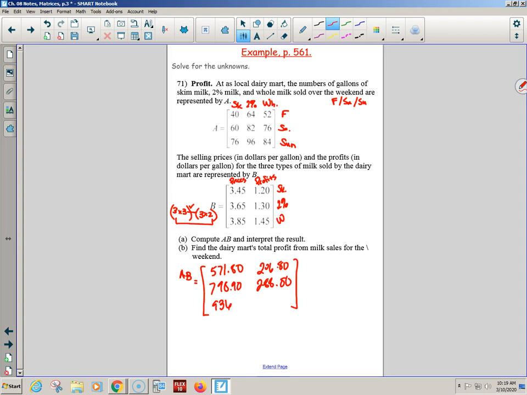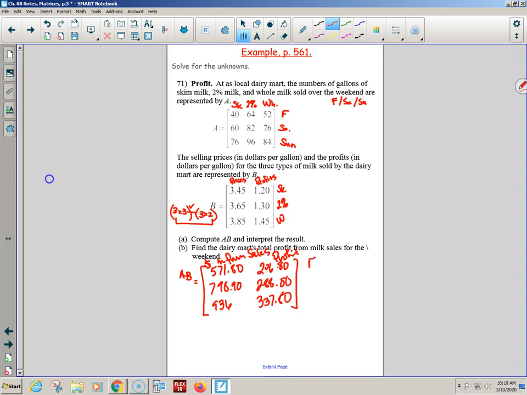So my question is which? How do we label? Because this is going to be the money that came in from the sales, and that's how much of that was profit. If I would add them all, I would get the total sales, and I would add all those to get the total profits. What are these?